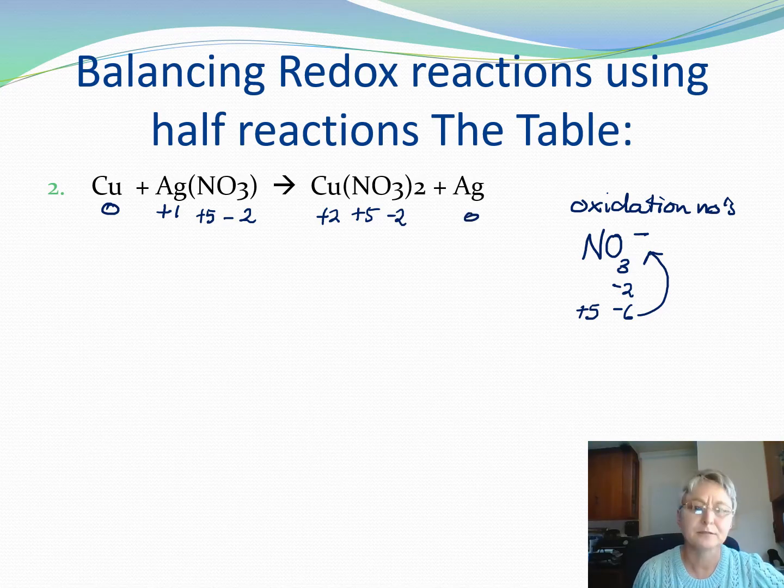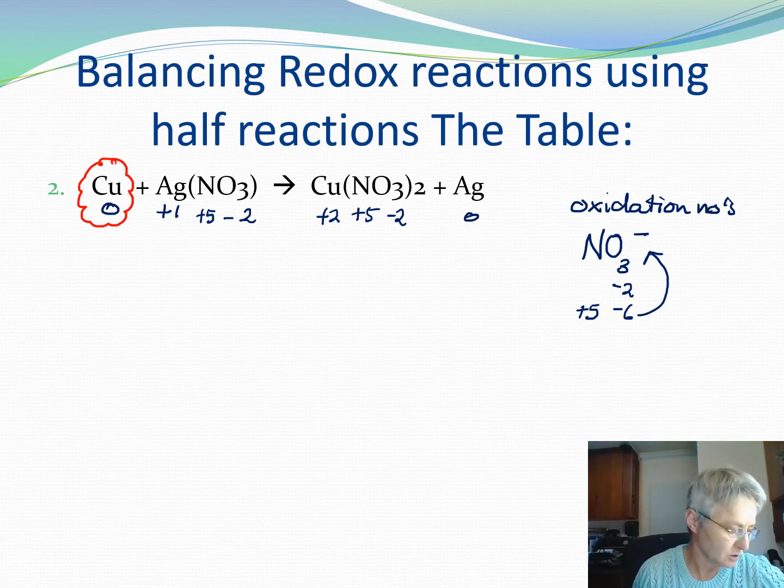You will find the copper on the table of reduction potentials. The copper on the table, changing to copper 2+, is the reducing agent.